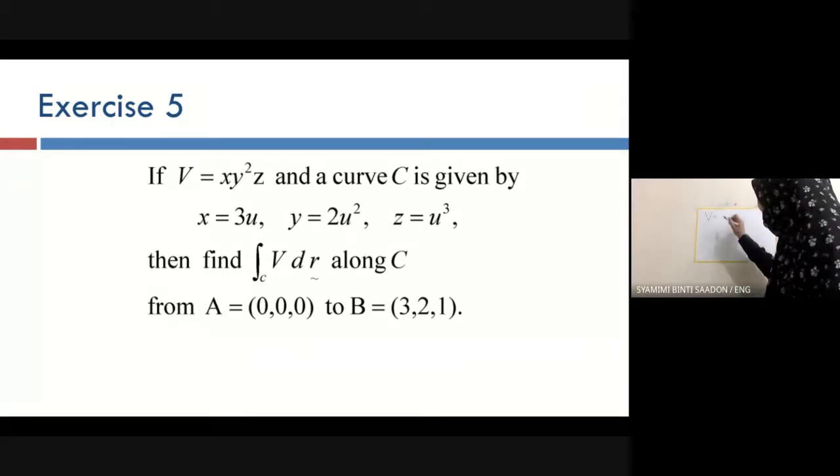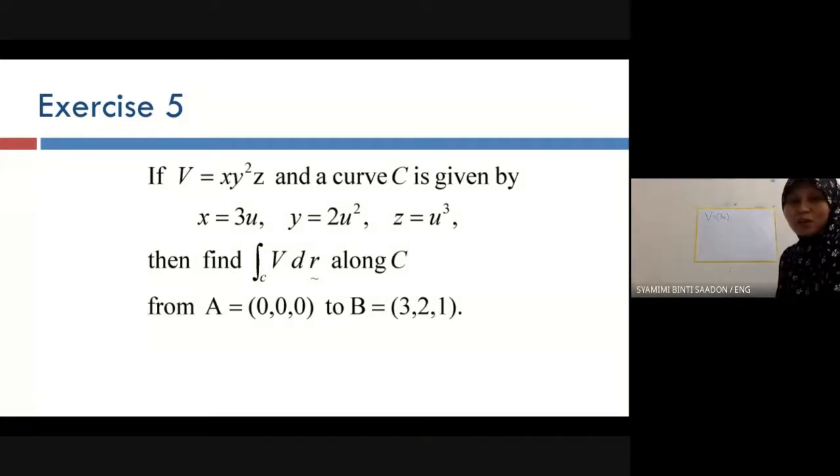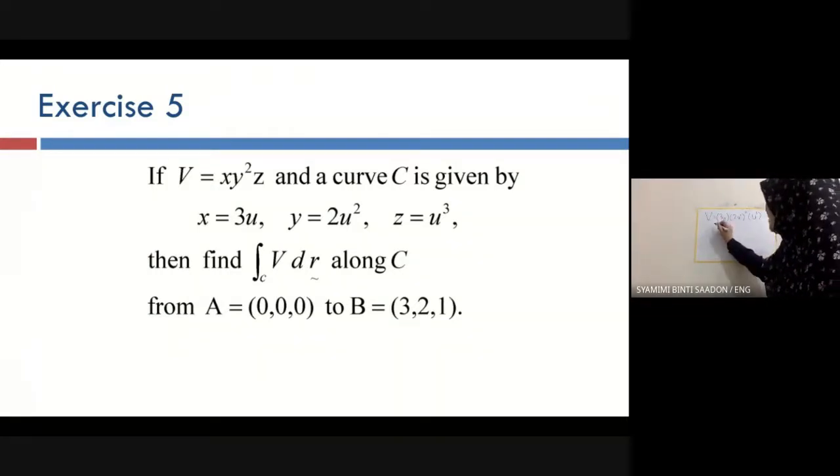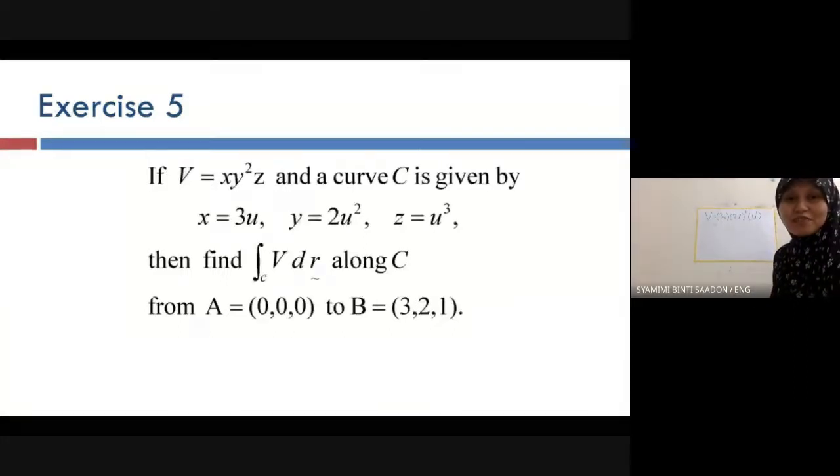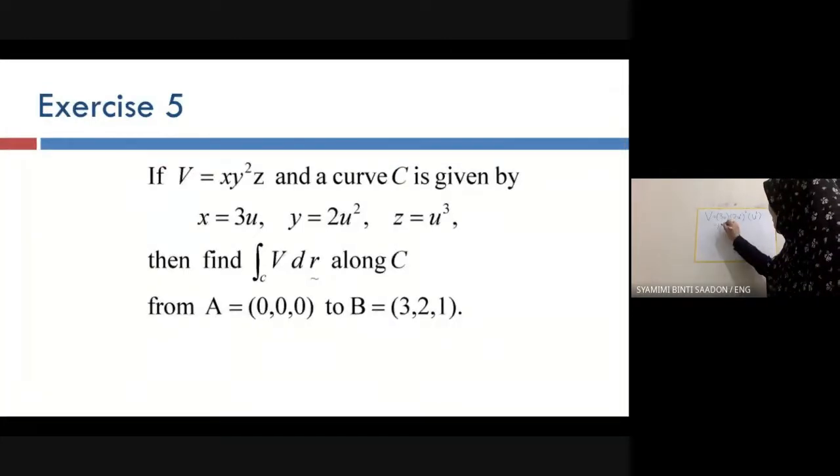So x is 3u, y is 2u square, and then squared again, (2u square) square, and z is u cubed. So V will become 12u to the power of 8. That is our V.